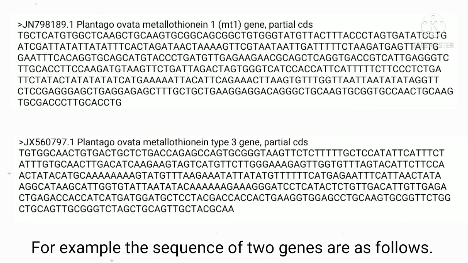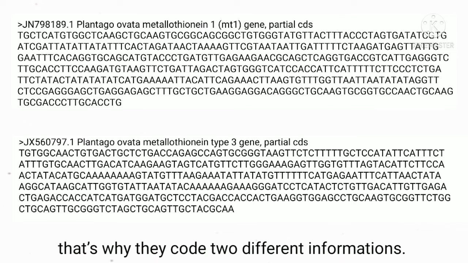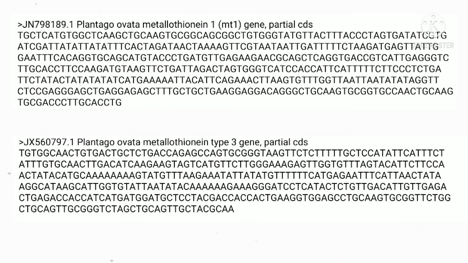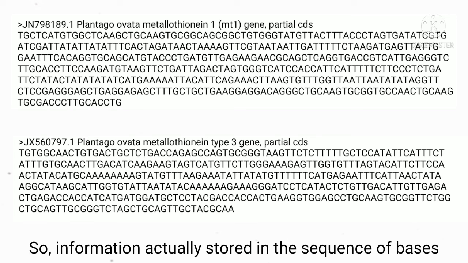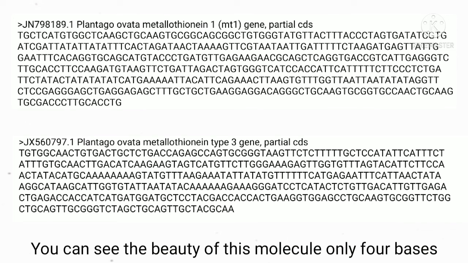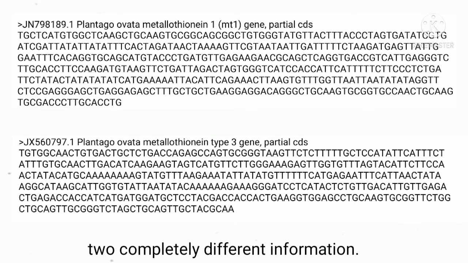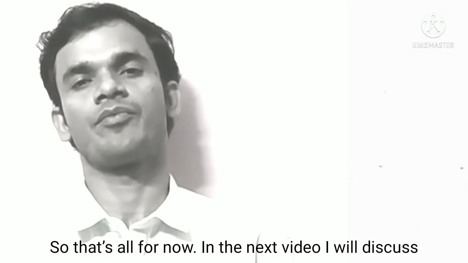For example, the sequences of two genes are as follows. You can see that the sequences are not the same. That's why they code two different pieces of information. So information is actually stored in the sequence of bases in a piece of DNA. You can see the beauty of this molecule. Only 4 bases are arranged in different ways to code two completely different pieces of information.